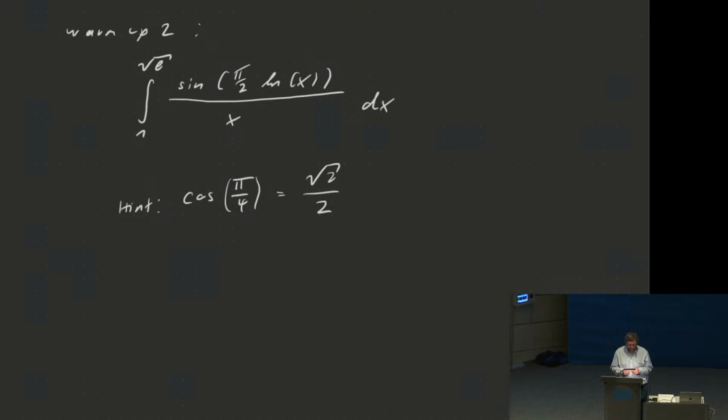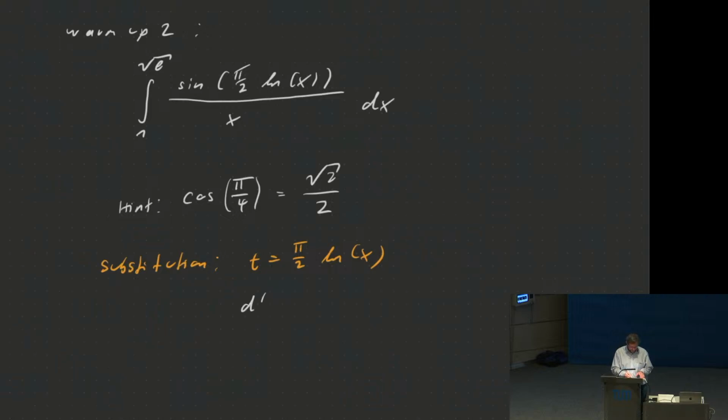And one possible simplification would be to replace this ln with a substitution, right? And if you're at it anyway, you can as well integrate this constant here into your substitution so that you don't have to worry about that when doing the integration step. And that's what I did here. So my substitution was, let's substitute t for pi over 2 ln of x.